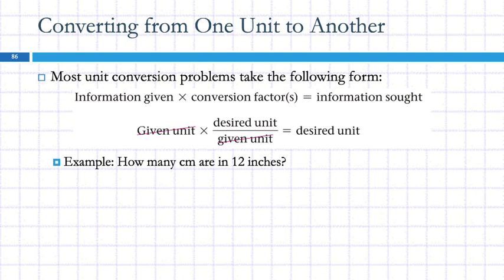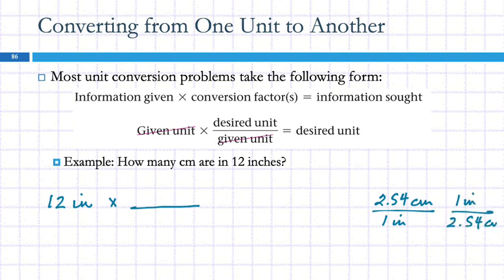So I have 12 inches, and I'm going to multiply by a conversion factor. Well, we just looked at the two different ones. So I want inches to be in the denominator and centimeters to be in the numerator, because then my units are going to work out.